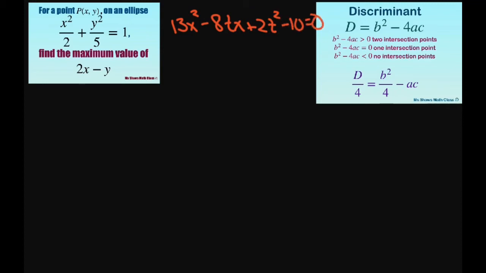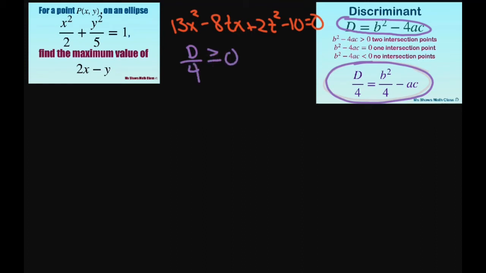I'm going to use this formula instead of the usual one. All I did is take this formula and divide everything by 4, which makes it a little easier to use. So we want D divided by 4 to be greater than or equal to 0, so we're either going to have one solution or two solutions.